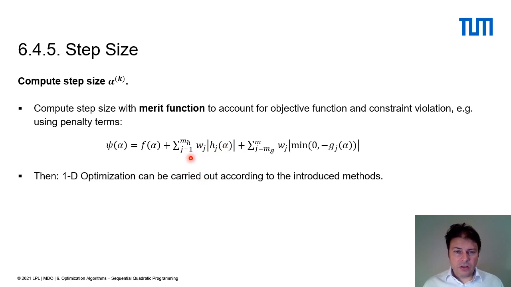So here on the line along your search direction, you will look for an optimal value of alpha that minimizes this merit function. And you could do that by using the methods that we introduced in the previous lecture. Bracketing, sectioning, and polynomial substitute models for the estimation of an optimum.